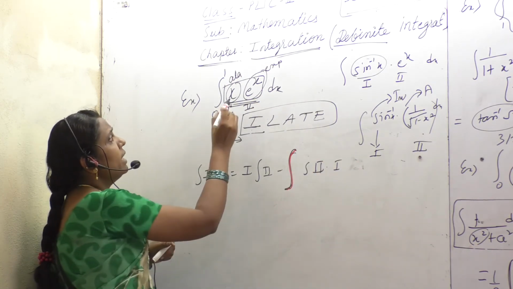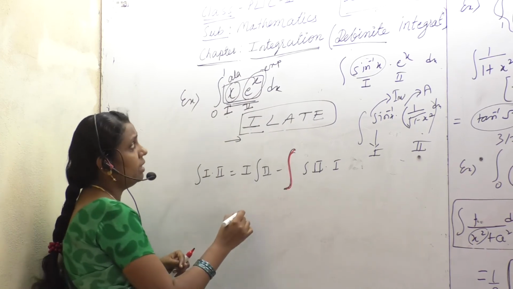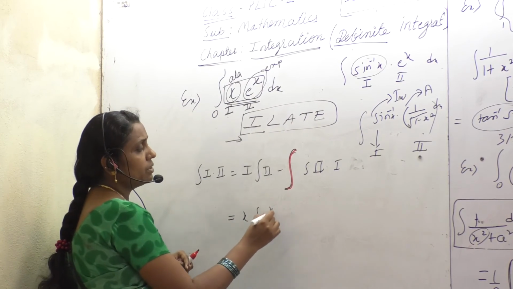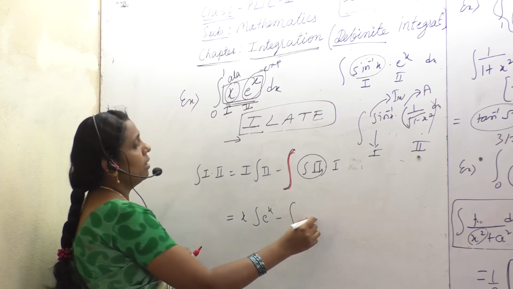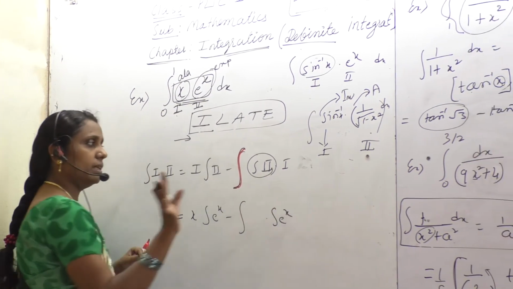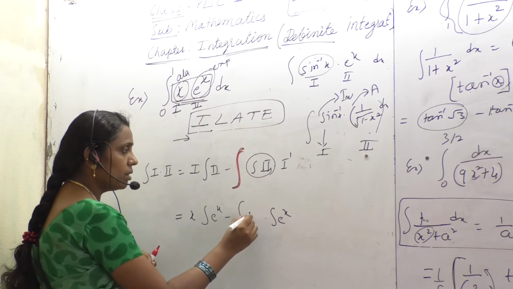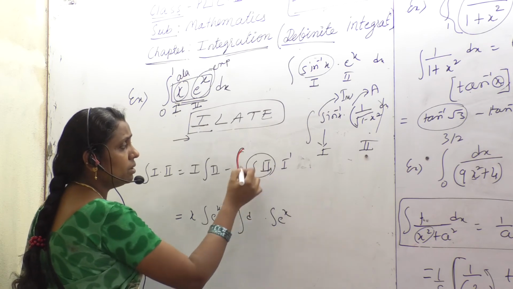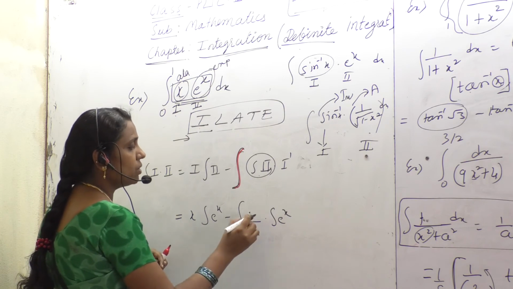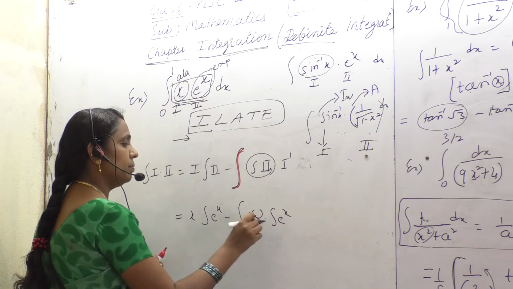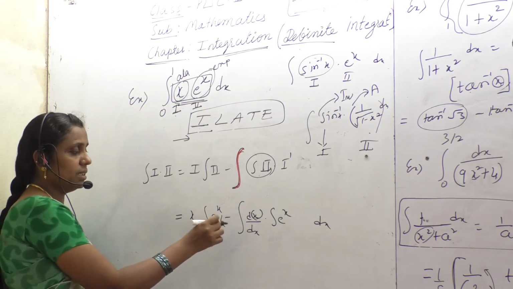Now we identified x is the first function, exponential is the second function. With the functions only, here I will write x, integration of e raised to x, minus, integration of, I will write like this, afterwards we will integrate. The first function's derivative here, d by dx of x into dx, it is not at all attached with this, because it is integration, so without a dx it is incomplete.